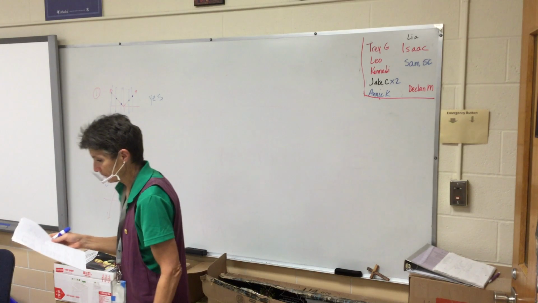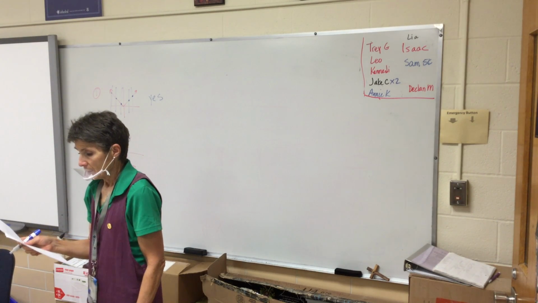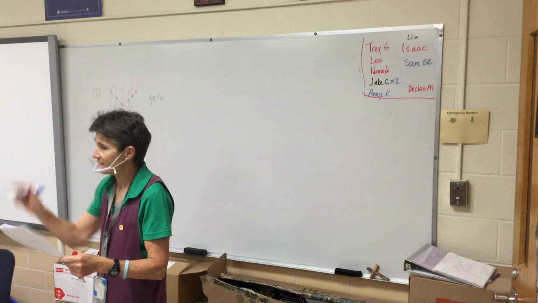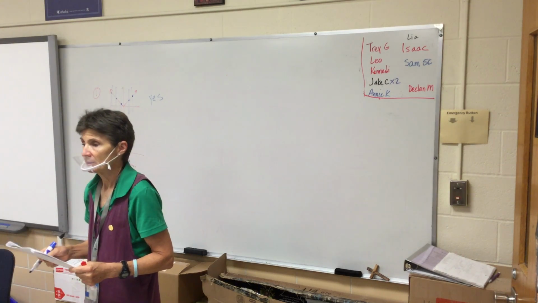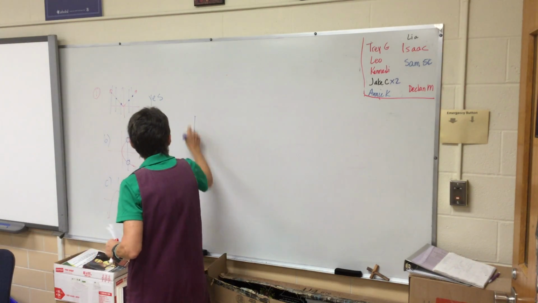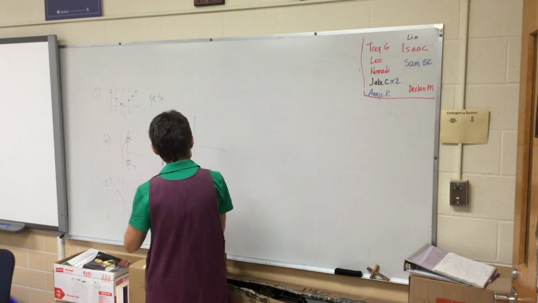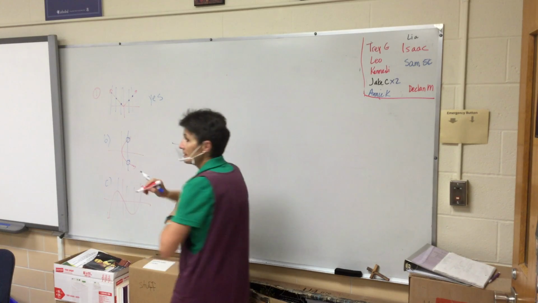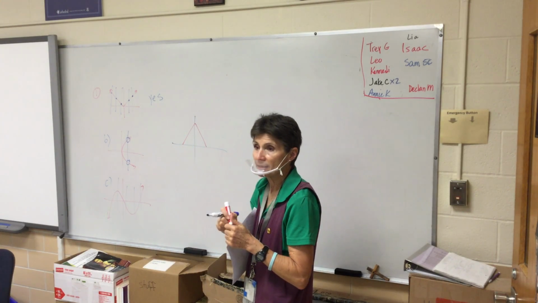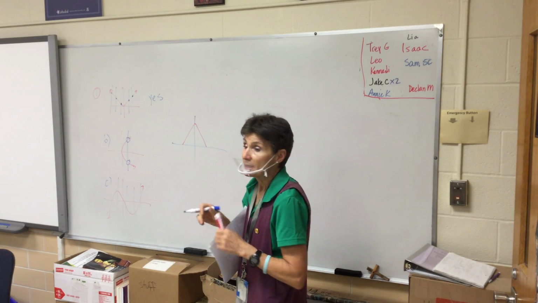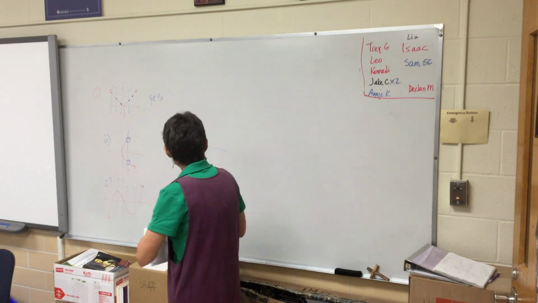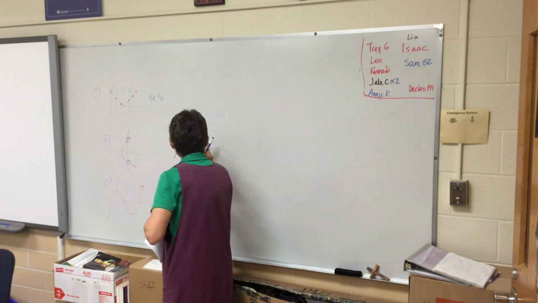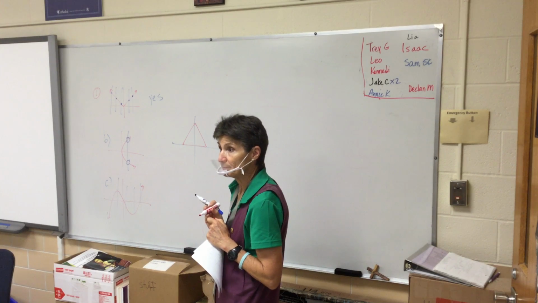What about E? Is it a triangle? Good question. I think it's just an upside down V. So then it's a function. If the red is the curve, then it is a function. If this was the curve, then it would not be a function, right?